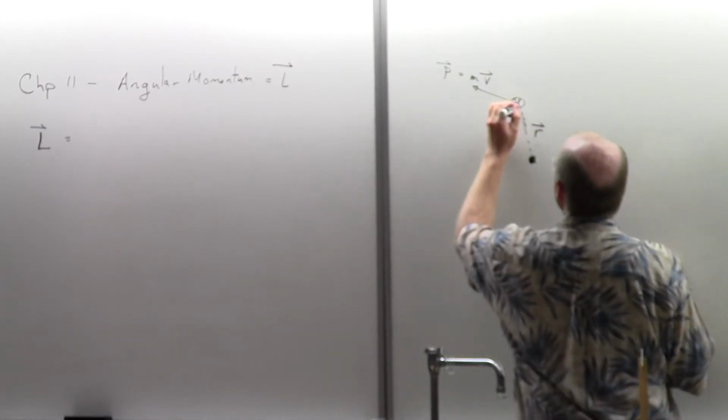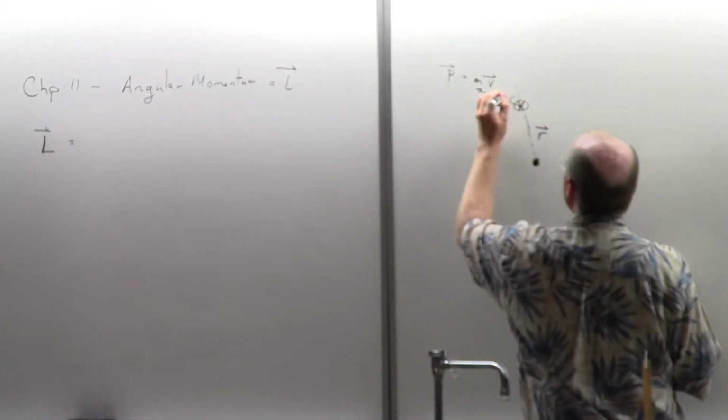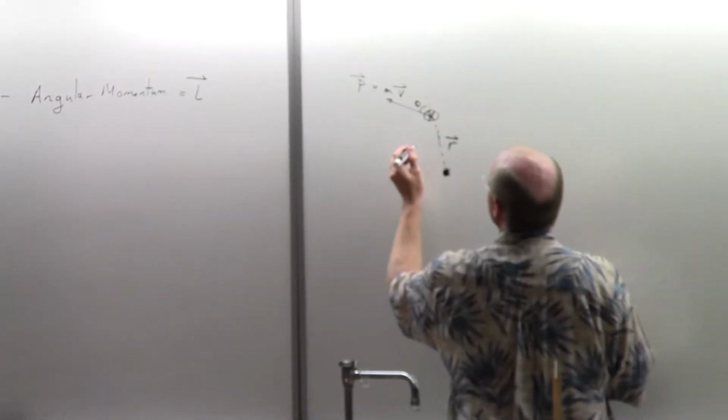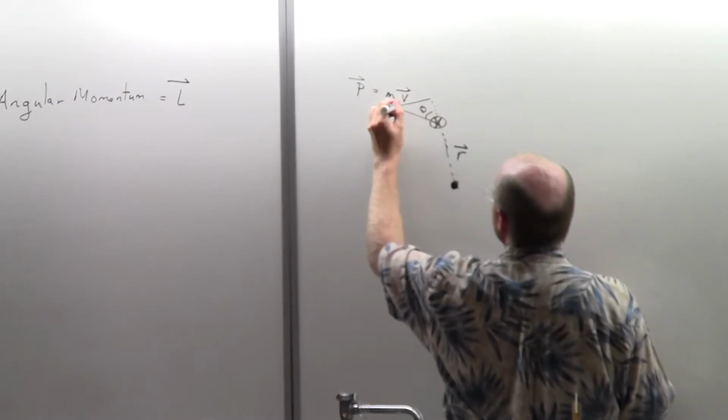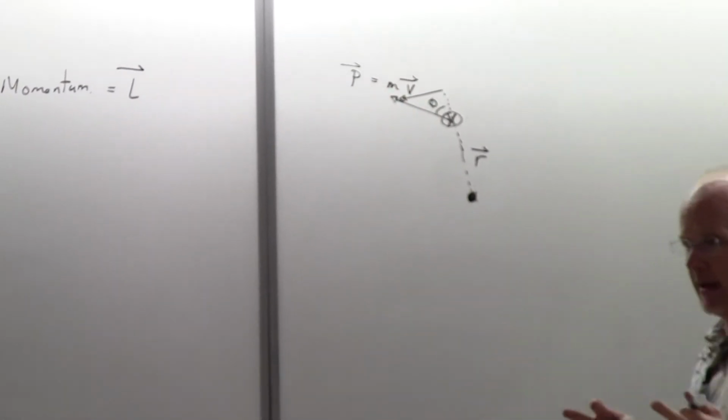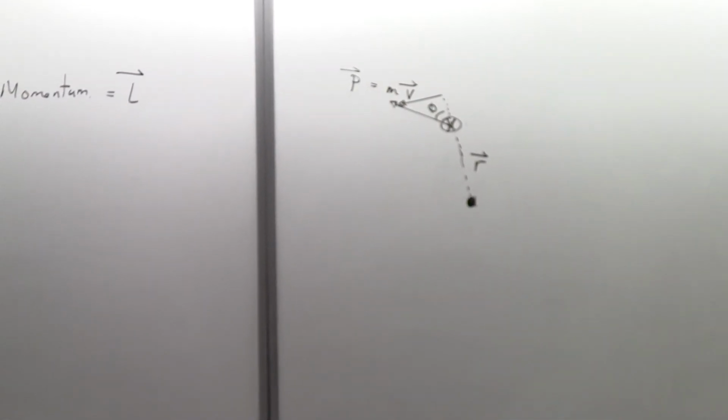But if you call this angle phi here, we might be interested in not the total momentum, but how much of the momentum is perpendicular to that distance. The part that it would have if it's going in a circle.